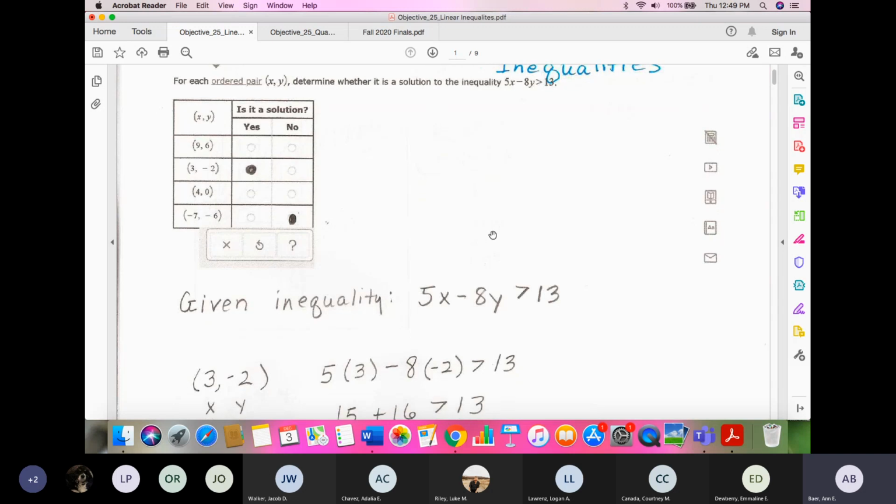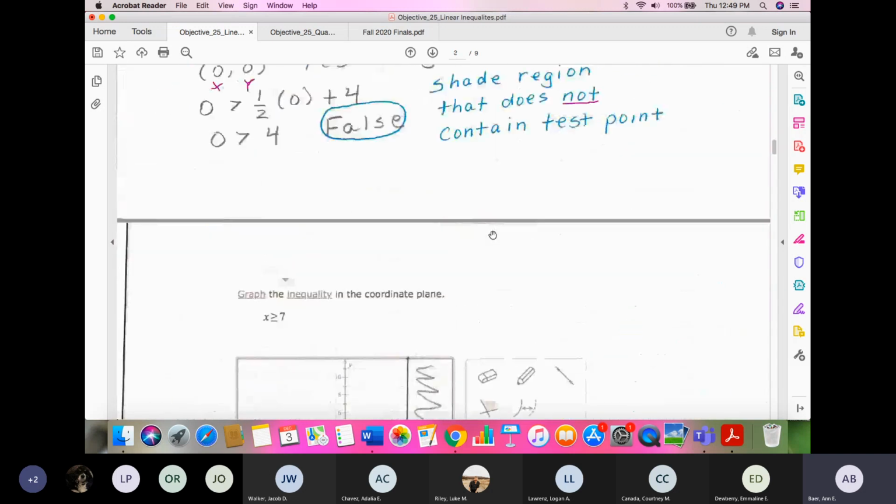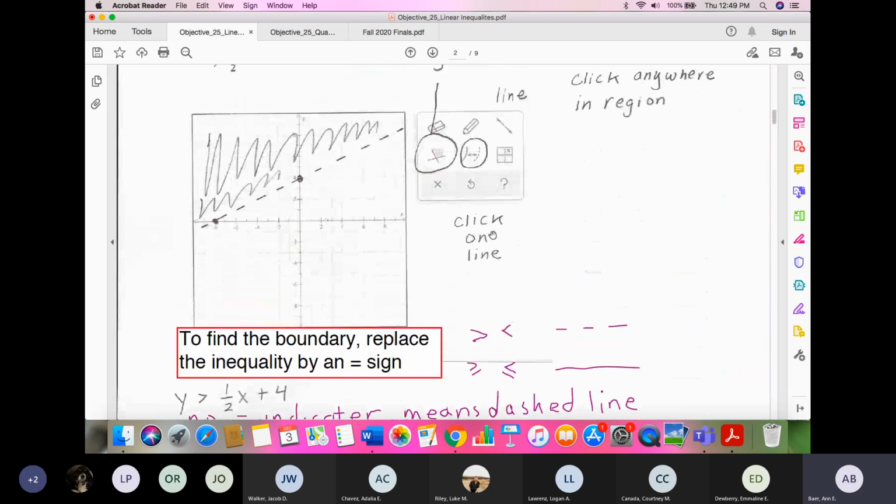Why do we look at ordered pairs? Well, let me give you a sneak peek here. We're talking about graphing in the plane here, and every point in the XY coordinate system has an ordered pair associated with it. So that's why we're working with ordered pairs here.